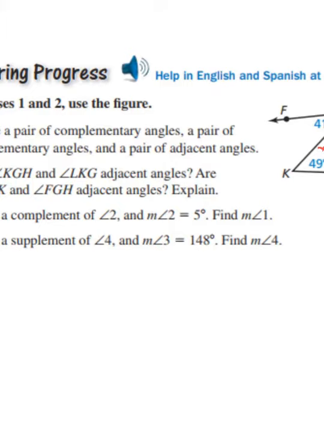Yeah, common side and vertex. Right. Vertex. That's perfect. So they do not have a common vertex. This has a vertex of G. This has a vertex of K. So no common vertex.